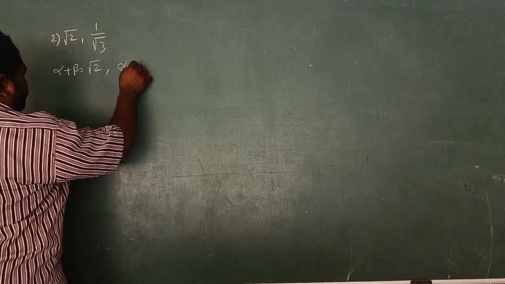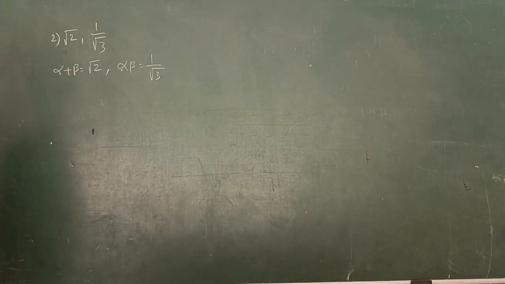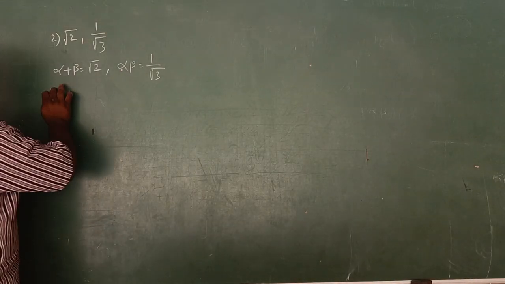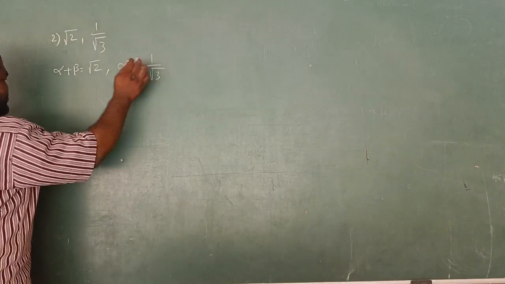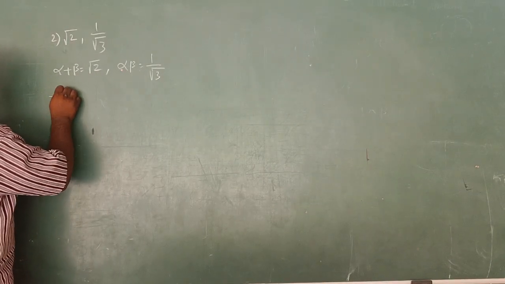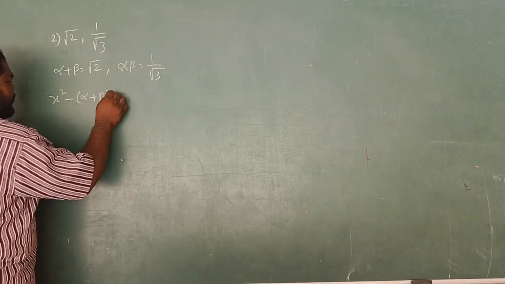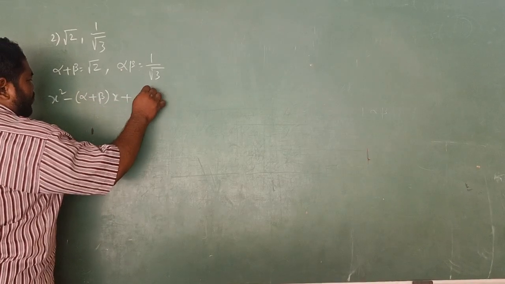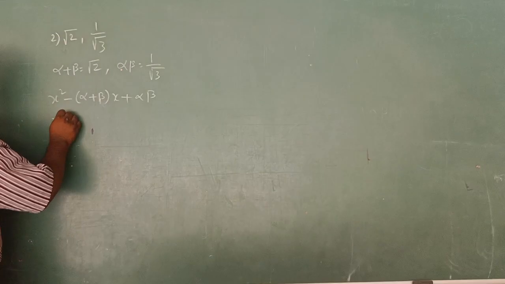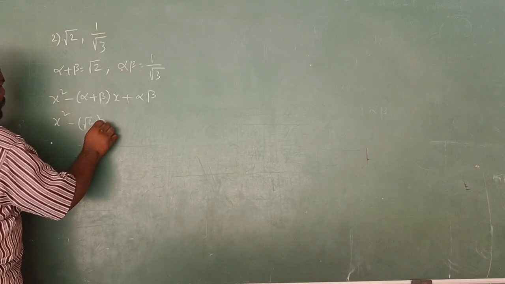The product of the roots, alpha into beta, equals 1 by root 3. Therefore, the required quadratic polynomial is x square minus of alpha plus beta into x plus alpha into beta. So x square minus alpha plus beta, which is root 2, into x.